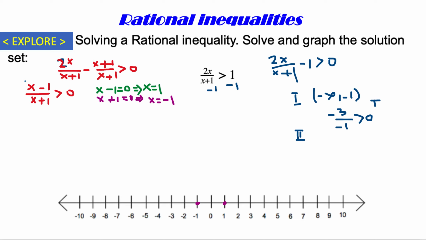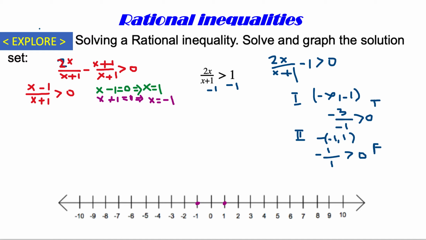Plugging in 0, 0 minus 1 is minus 1, and 0 plus 1 is positive 1. Is this greater than 0? This is false, because minus 1 divided by 1 is minus 1, and minus 1 is not greater than 0, it's less than 0. That's why this region is false.